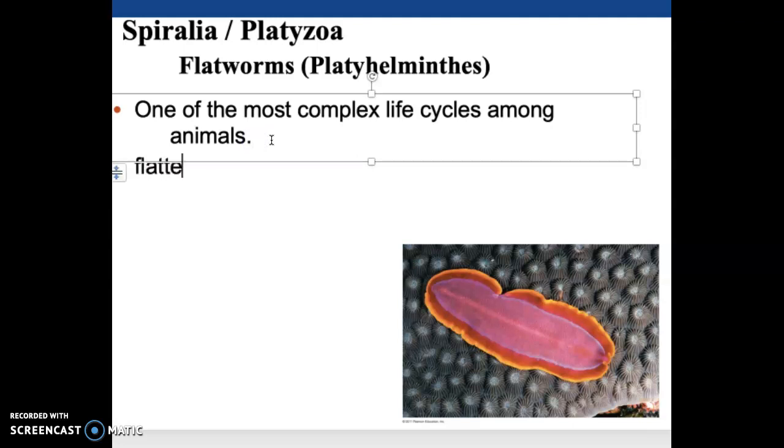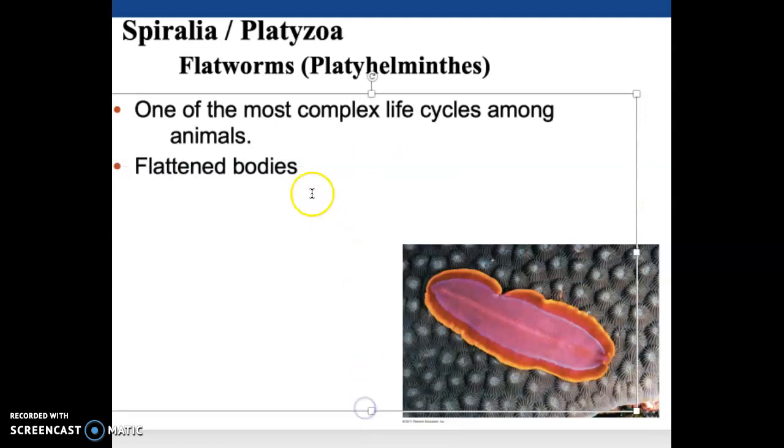So we'll start with flattened bodies. It kind of goes without saying, hence why they're called flatworms. They have an incomplete digestive system. They do obviously use nutrients, but they don't have a full digestive system.